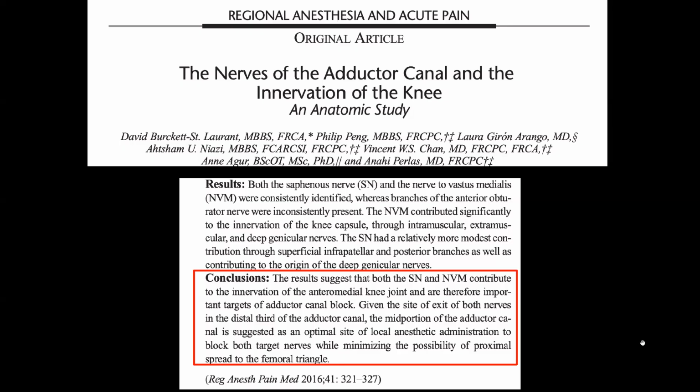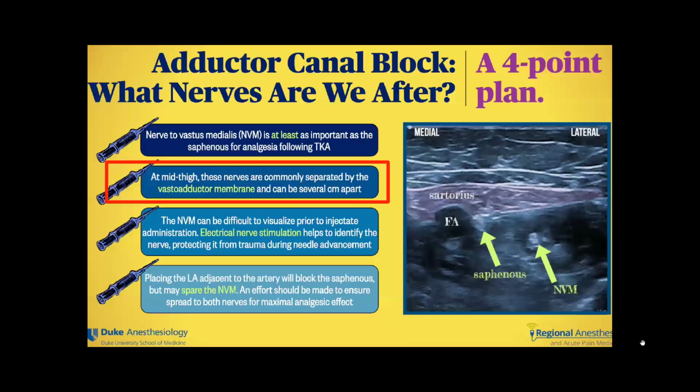I've heard Gadsden speak, and this author is recommending that you want the superficial femoral artery right in the middle of the sartorius muscle, and that should be your sign that you're in the right spot. The reason he's saying to do it here is that if you go further, the nerves separate. They're even more together up where you see the whale sign, right below the femoral triangle. That's why some people go more north than I do, and I know Kirsten does.